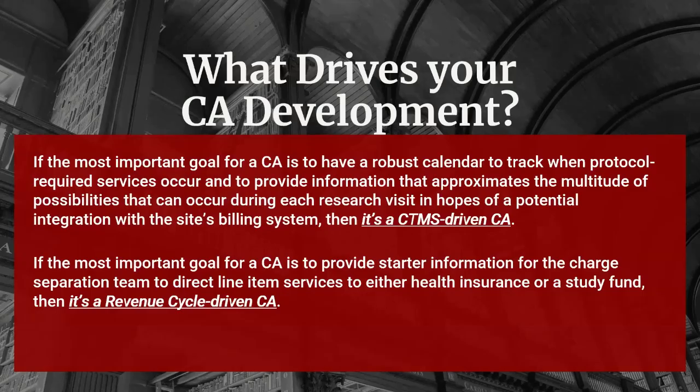It can be a relief to realize that the best CAs, the most usable CAs, the most functional CAs provide starter information to the revenue cycle team, rather than an algorithm, as Chris talked about, or achieving an all possibilities situation, because the road to infinity is a good way to put the all possibilities CA.